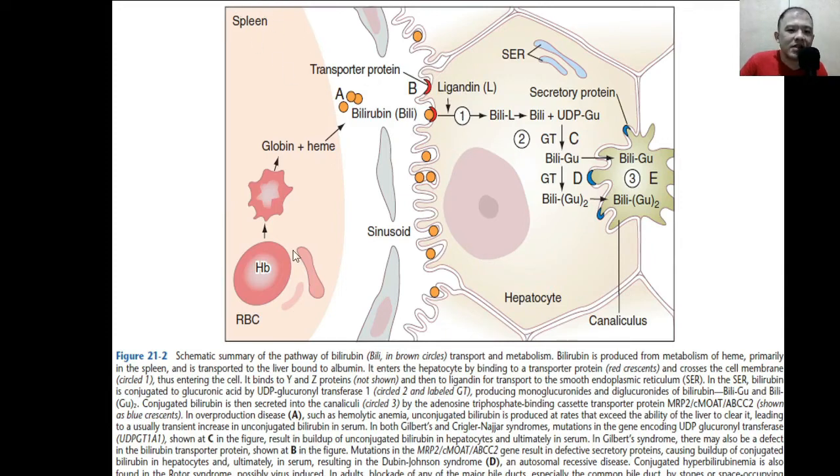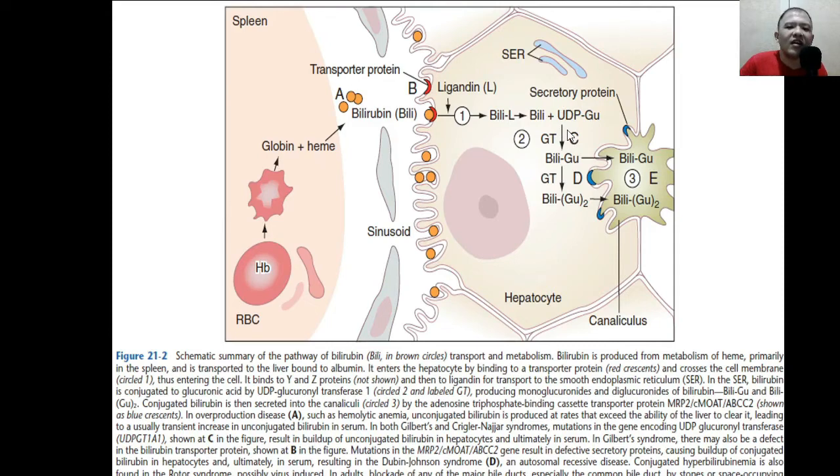So hemolysis, unconjugated hyperbilirubinemia. But unconjugated hyperbilirubinemia can also be caused by not only hemolysis but a problem in the glucuronidation here.